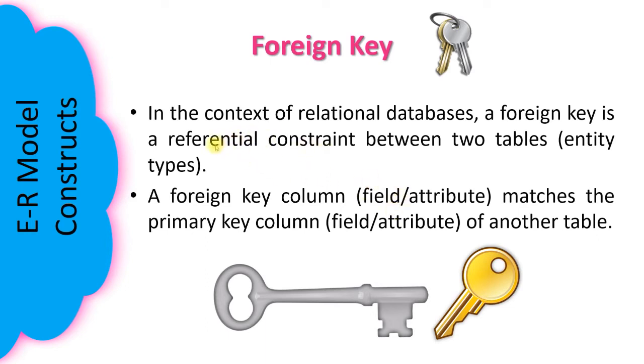It is a referential constraint that ensures the relationship of two tables or entity types is made possible. A foreign key column, field or attribute matches the primary key column, field or attribute of another table. You may see it in the next slide.